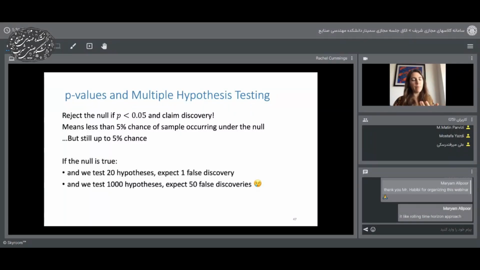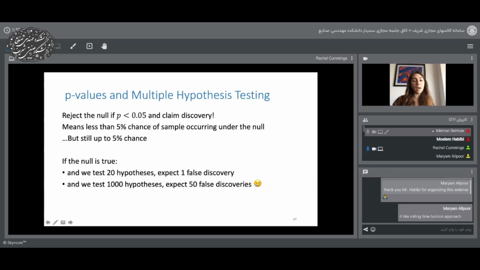But now what happens if I'm testing many, many hypotheses? For example, if I test 20 hypotheses, in expectation I expect one false discovery, which is when I think I found a discovery, but the null was true.